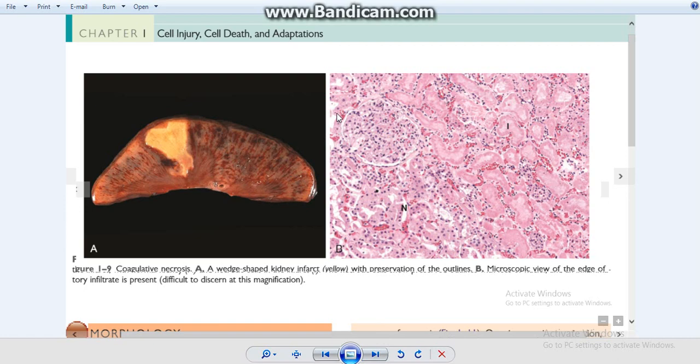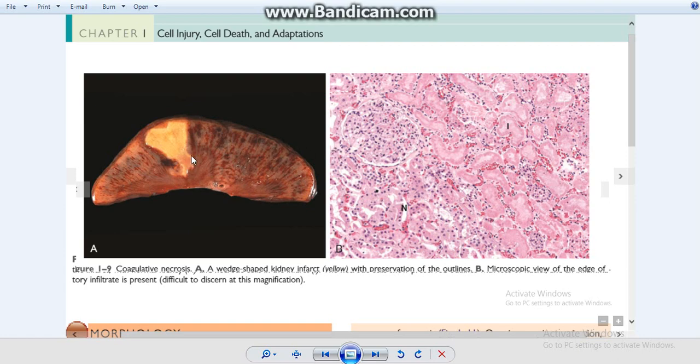Coagulative necrosis basically happens when a tissue becomes ischemic. There is an infarction or an ischemia in that tissue, a lack of blood flow, and the tissue becomes infarcted. However, not all tissues get coagulative necrosis. The brain, for example, does not. Even if there was an ischemia, it gets liquefactive necrosis, which we will talk about in a minute.